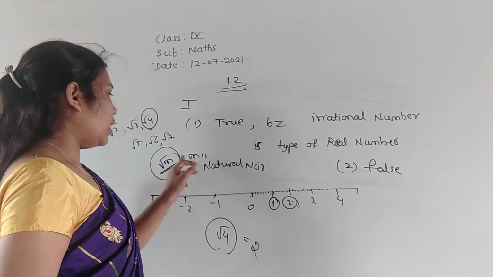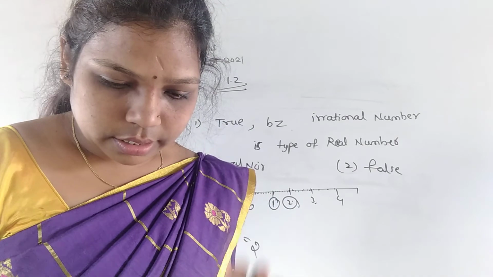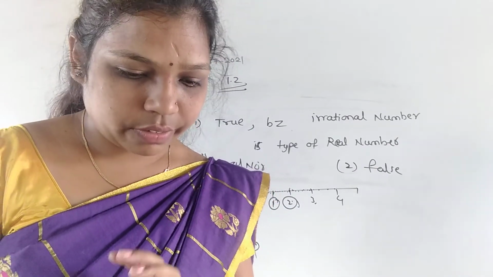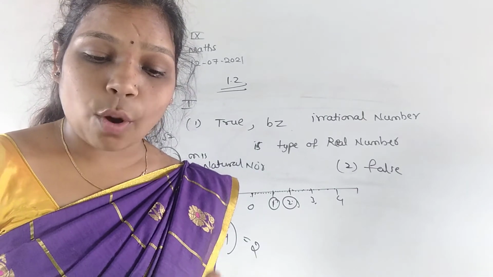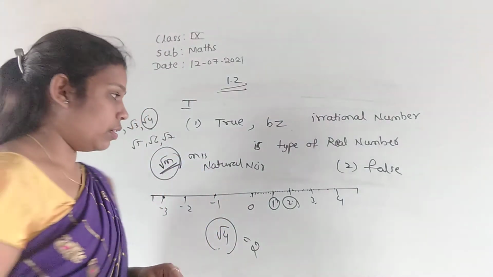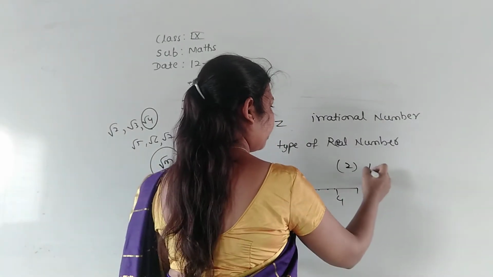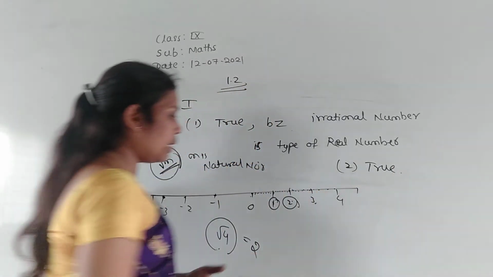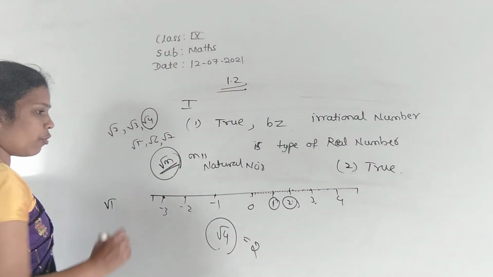Every point, sorry, what I told once again, sorry. I think I'm confused. Wait. Every point on the number line is of the form root m, where m is a natural number. Yes, it is a true statement. See here, because this 1 also we can write as square root of 1.